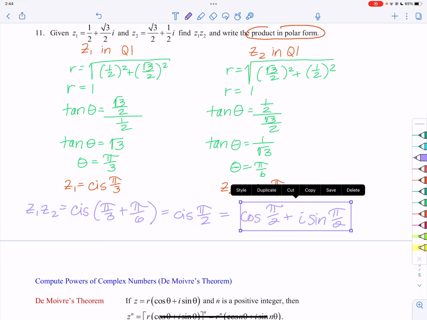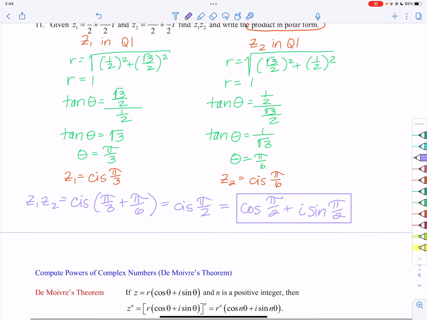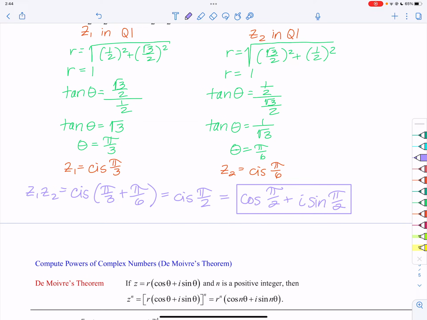And actually, if you notice that the cosine of pi over 2 is 0 and the sine of pi over 2 is 1. So you could also say that Z1 Z2 is just equal to I.